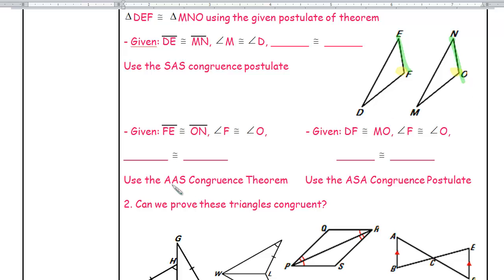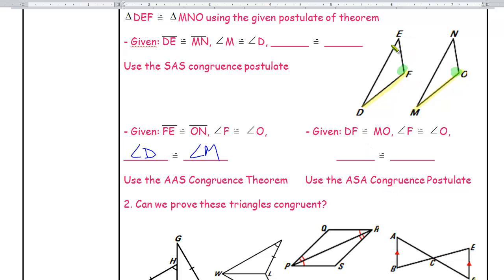So using the angle side, I need to show that this angle D is congruent to the corresponding angle M. So angle side. We'll erase that and set up the last one here. And this one says DF is congruent to MO, and angle F is congruent to angle O using angle side angle.